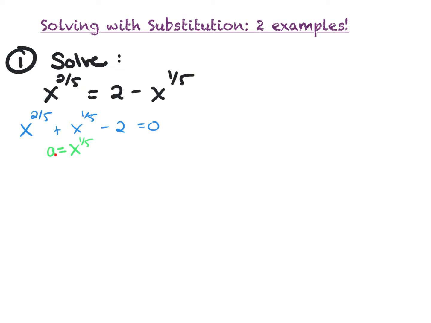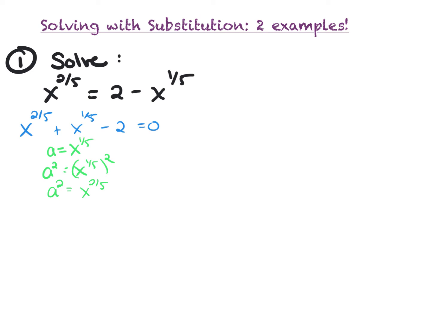If we make a substitution where we let a new variable represent x to the 1/5 in the middle, notice that a squared would be x to the 1/5 squared. And don't forget, when you raise an exponent to another exponent, we multiply. 1/5 times 2 is x to the 2/5.